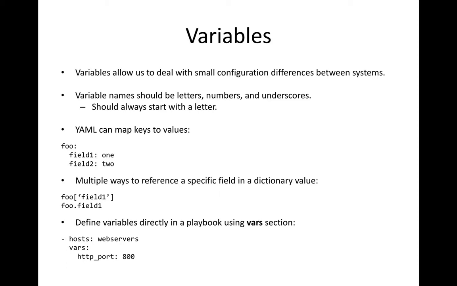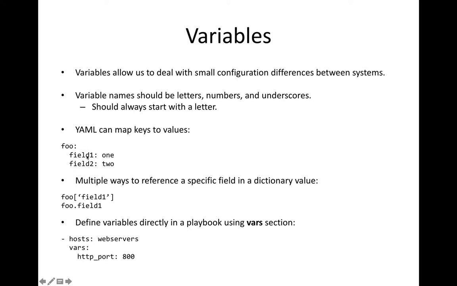When you define variables within Ansible, they should only include letters, numbers, and underscores, and variables must start with a letter. When you define variables in YAML, you can do all kinds of interesting things. For example, you can set up mappings in variables. Here we have a variable called foo, and that foo variable has two mappings, sort of like a dictionary object.